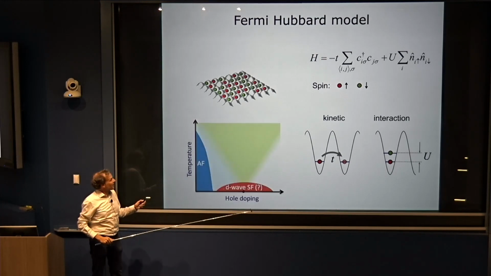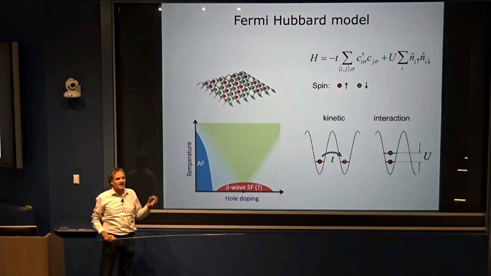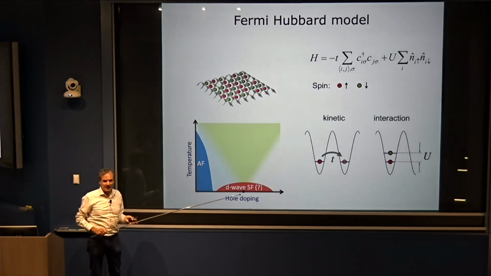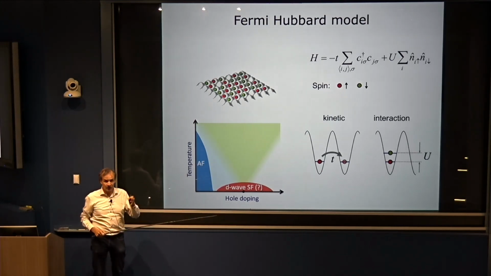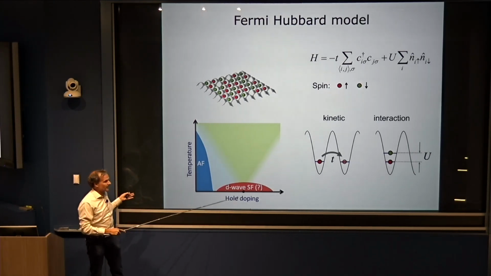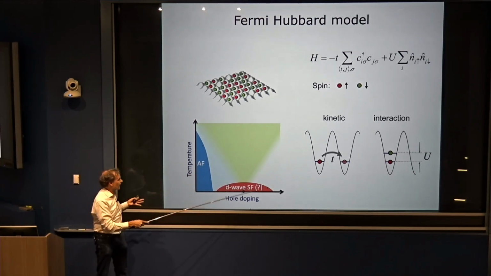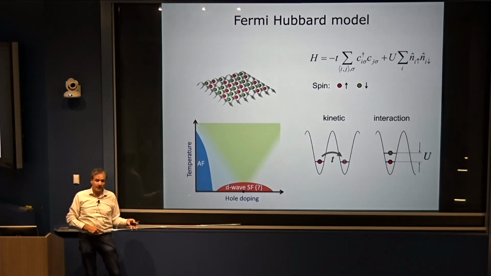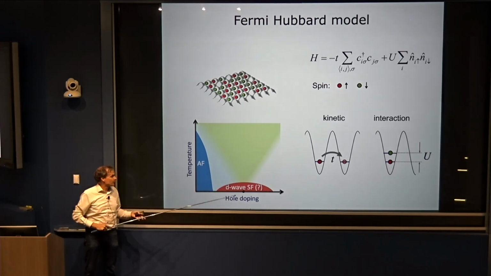The funny thing is that until today, it's not really understood even what the phase diagram exactly looks like. There is a lot of research here to determine, for example, under what conditions a model like that has a d-wave superfluid phase.